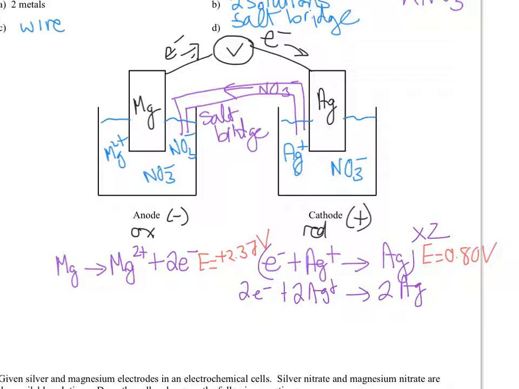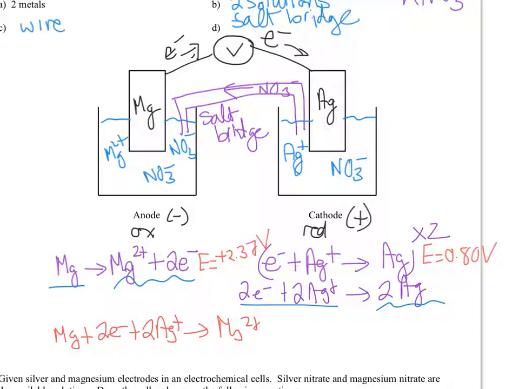Then we combine them together, so that means we want to put the reactants together and then the products together. So that would be Mg plus 2 electrons plus 2Ag+ yields Mg2+ plus 2 electrons plus 2Ag. If you did it right, you always cross out your electrons.